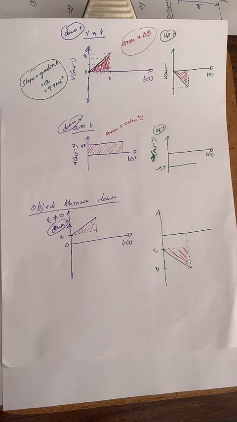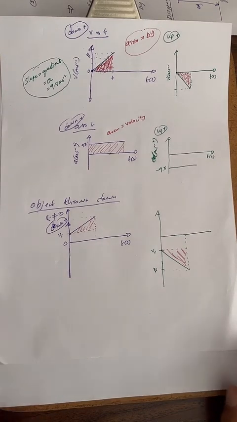I want to move into an object that has been thrown up and then it came to the same height. Let's change and check that one. So this is what happens when an object is thrown upwards and comes down.